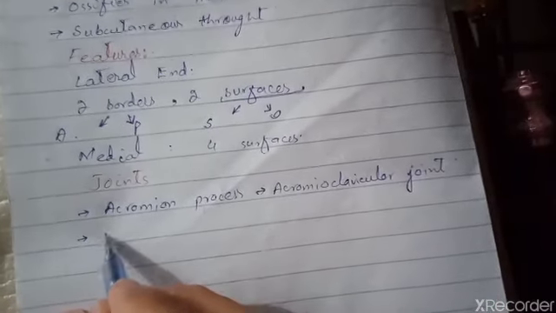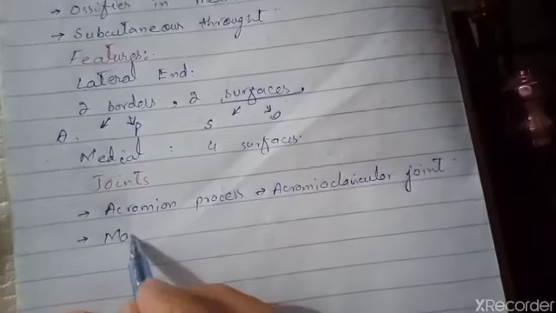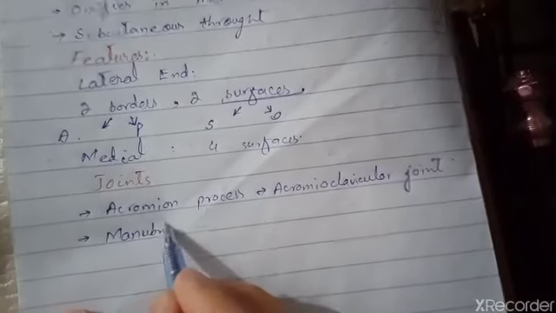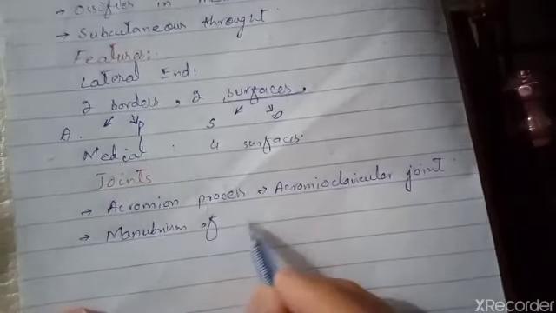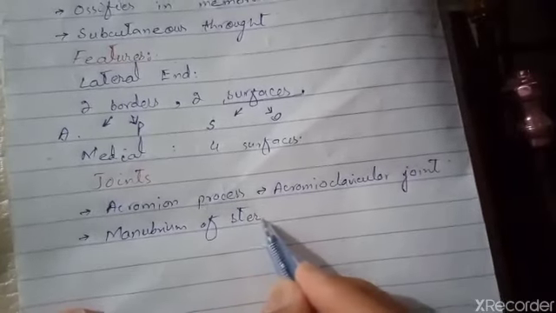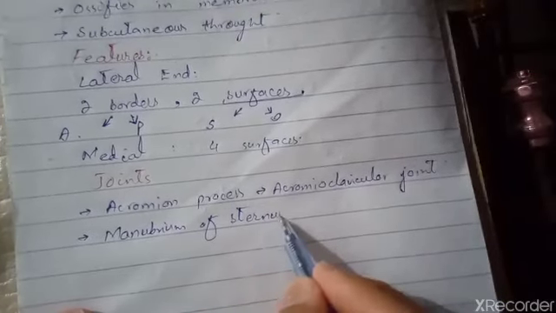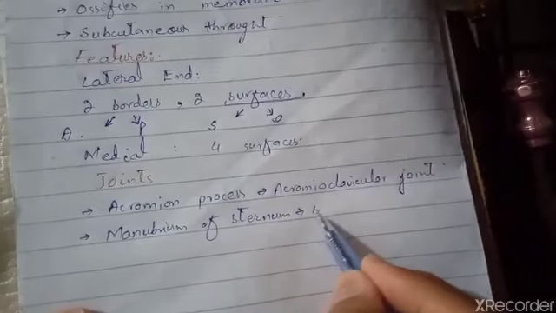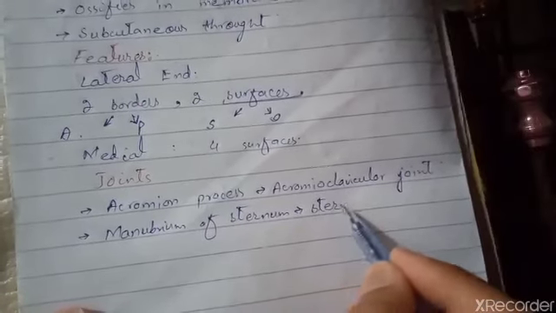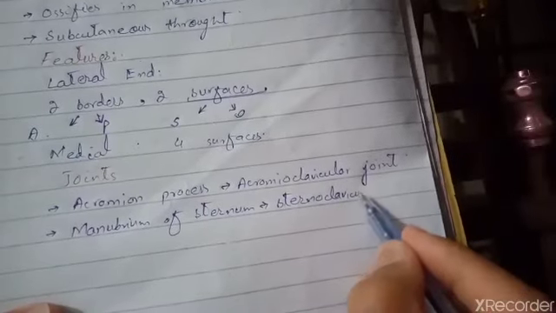And on the medial side it forms a joint with the manubrium of sternum, or sternal manubrium of sternum, to form the sternoclavicular joint. Sternoclavicular joint.